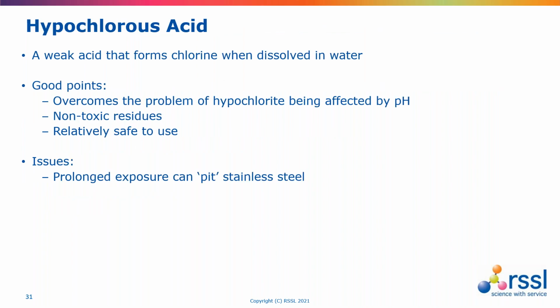Another chlorine-based one is hypochlorous acid, which is a little bit of a newer entrant to the market. And this has received alternative publicity in terms of COVID-19, because there's been a lot of discussion around electrolyzed water, and electrolyzed water is a means of generating hypochlorous acid.